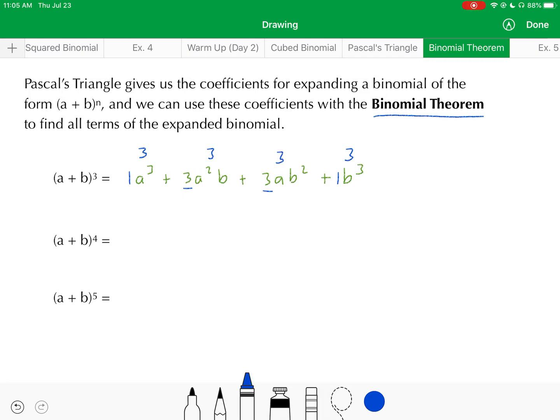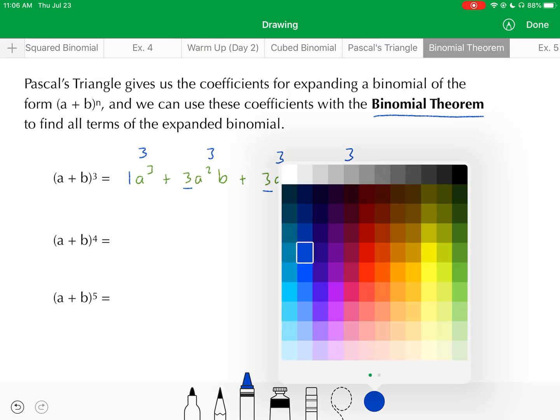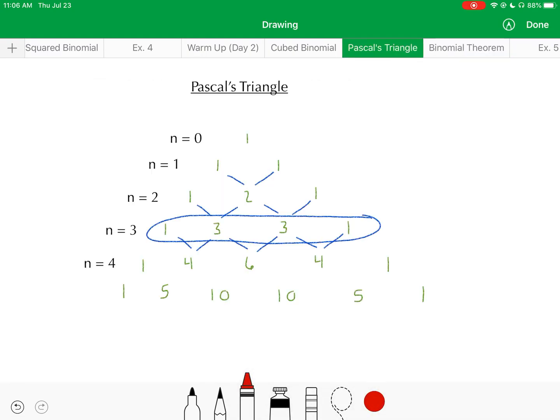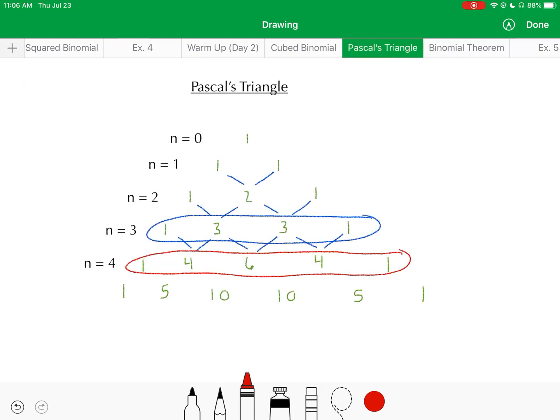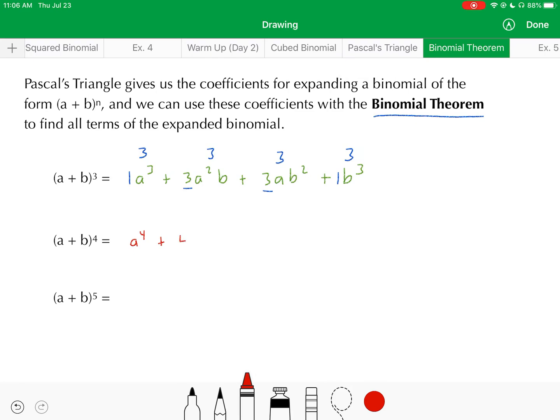Based off of that, let's come up with a formula for a plus b to the fourth. If I want a plus b to the fourth, then I have to look at the fifth row, where n equals 4. These give me my coefficients. So the first term is going to be 1a to the fourth, plus coefficient of 4, a to the third b.